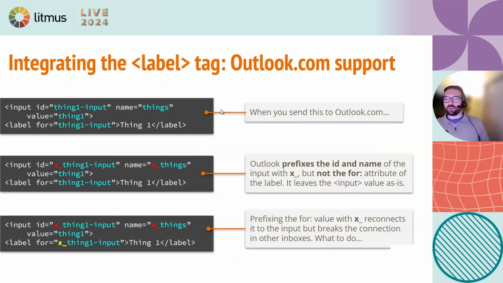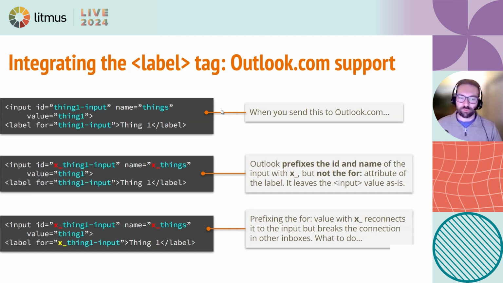Okay, so let's talk about these quirks in Outlook and Yahoo and AOL and just get familiar with what they do. So in Outlook, when you send an input in a label, you can see the blue is what we've sent. We gave it an ID and a name and a value, and then we gave the label a for attribute that matches the ID of the input. Outlook prefixes a bunch of things with X underscore.